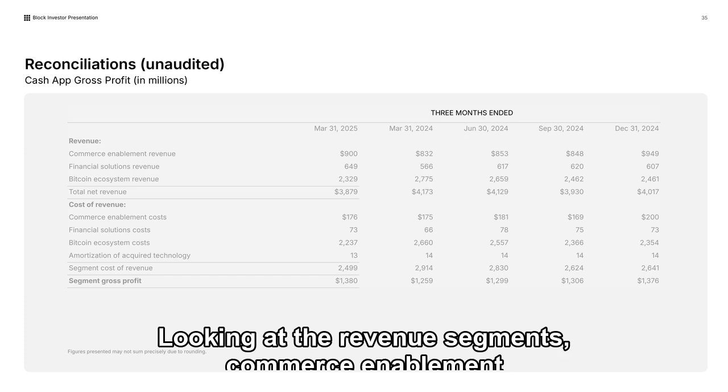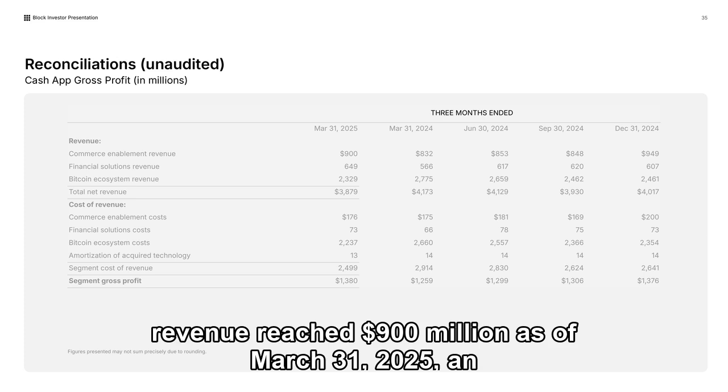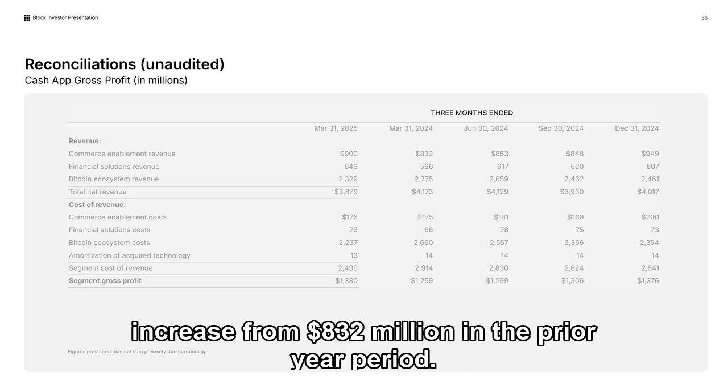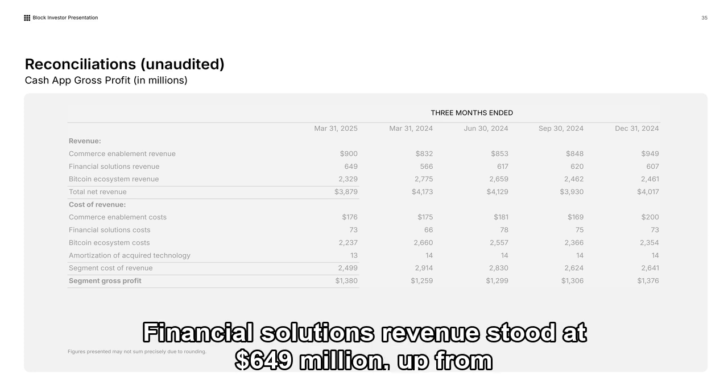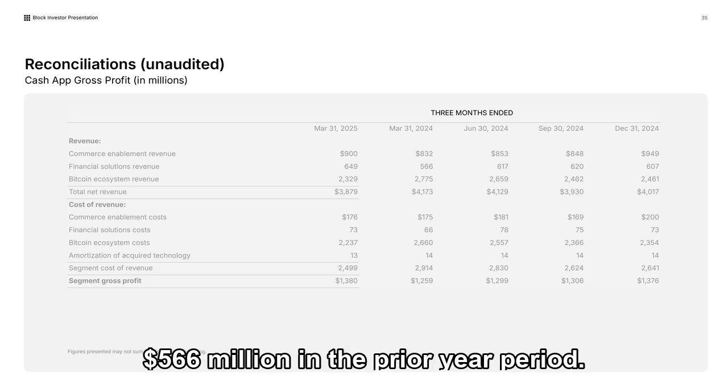Looking at the revenue segments, commerce enablement revenue reached $900 million as of March 31, 2025, an increase from $832 million in the prior year period. Financial solutions revenue stood at $649 million, up from $566 million in the prior year period.